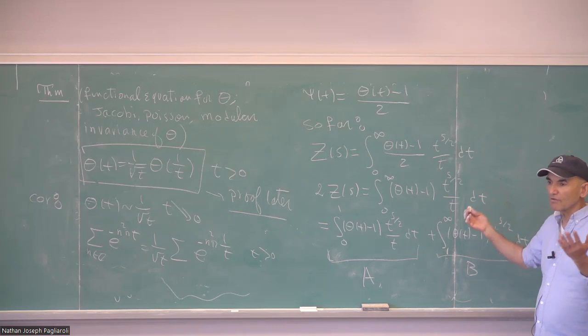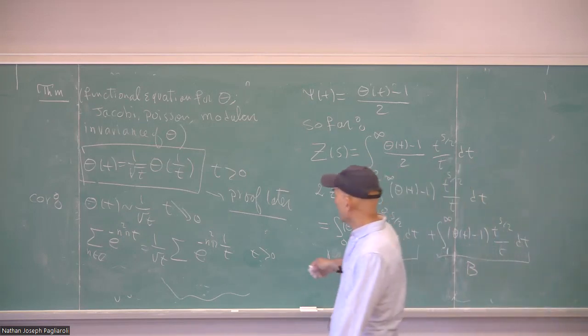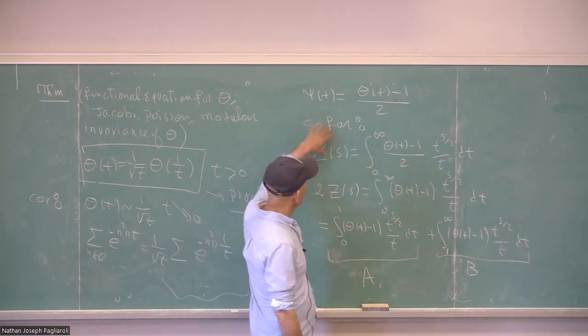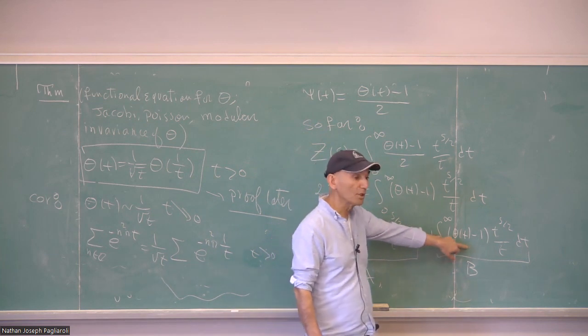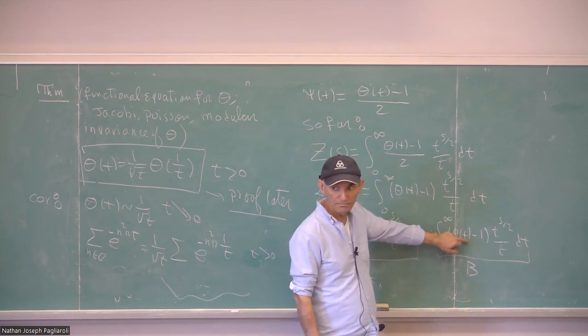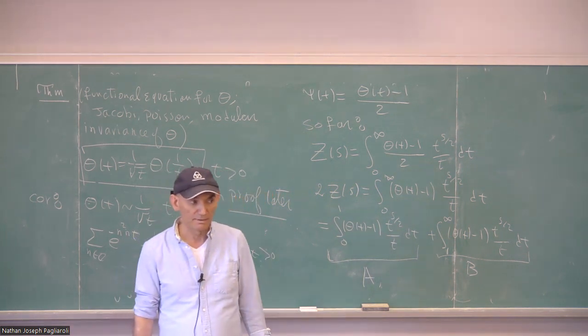So far, the real part of s was bigger than 1, because that was the assumption so far. But what about this integral B? Where is it convergent? For what values of s?